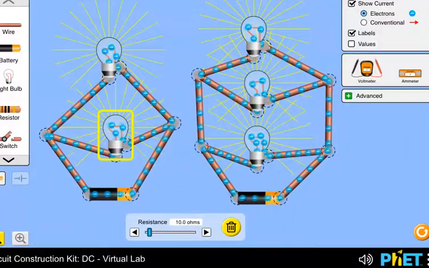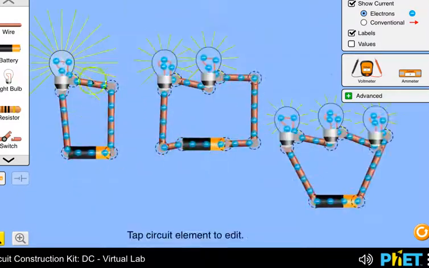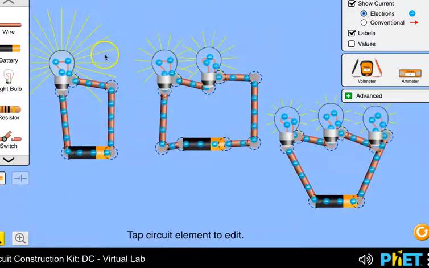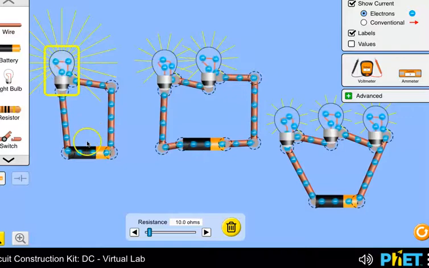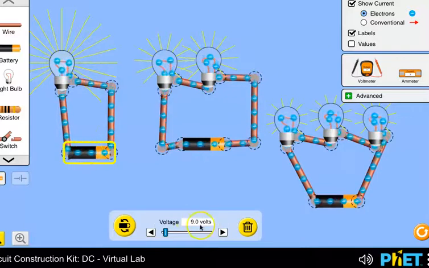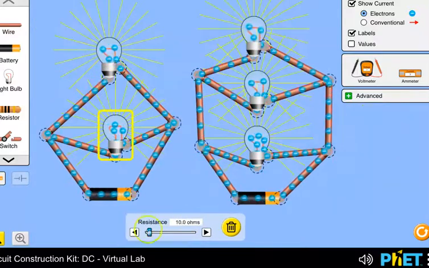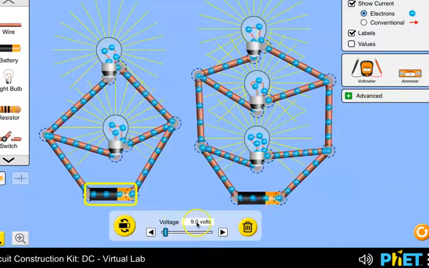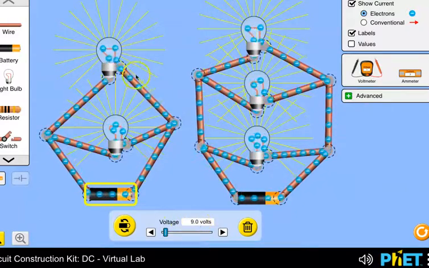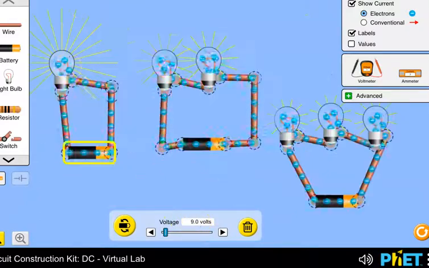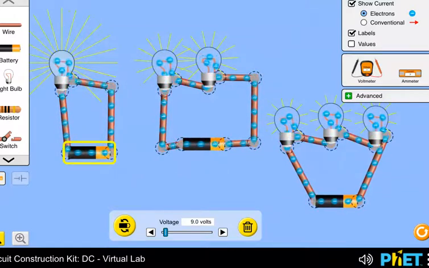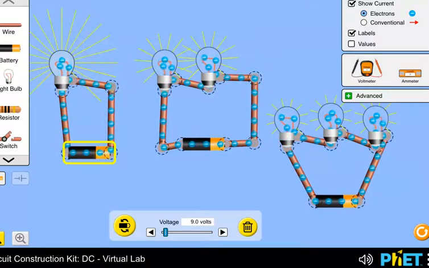I don't have the single bulb circuit because that's what we've seen before. We have this light bulb, it's bright, it's 10 ohms, and there's a 9-volt battery as seen here. And we'll also have a 9-volt battery here. One thing that's unique is that in a series circuit, we noticed that the brightness decreased significantly as we added more resistance.